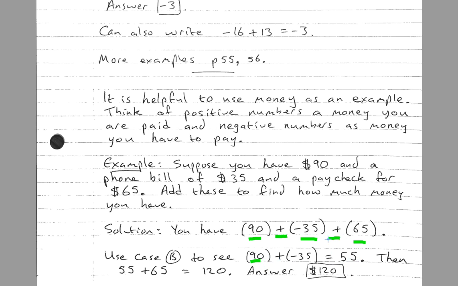Then do the second addition. So then it's 55 plus 65. That's easier. That's just 120. So when you take care of the phone bill, you'll be left with $120. So that's your net worth.